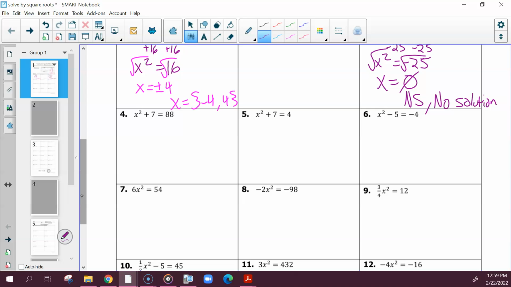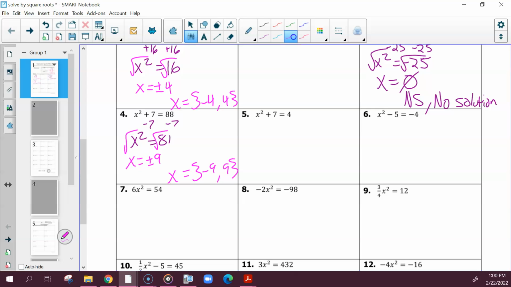Number 4, we have to get x squared by itself, so subtract 7 on both sides. So we have x squared equals 81. Take the square root of both sides, and we have x equals plus or minus 9. So that will be x equals negative 9 and positive 9.